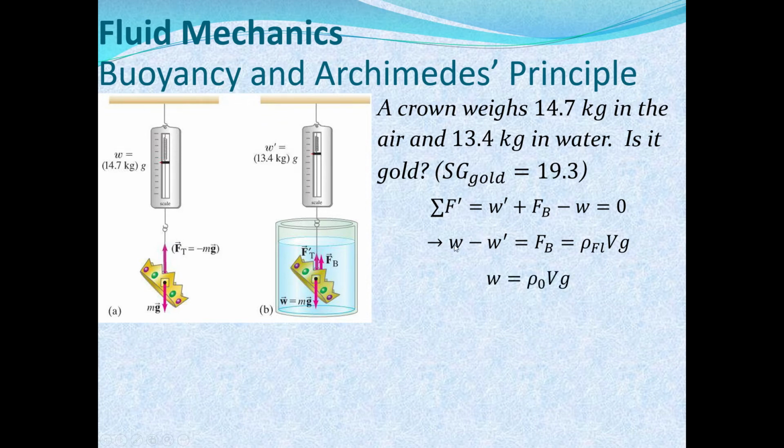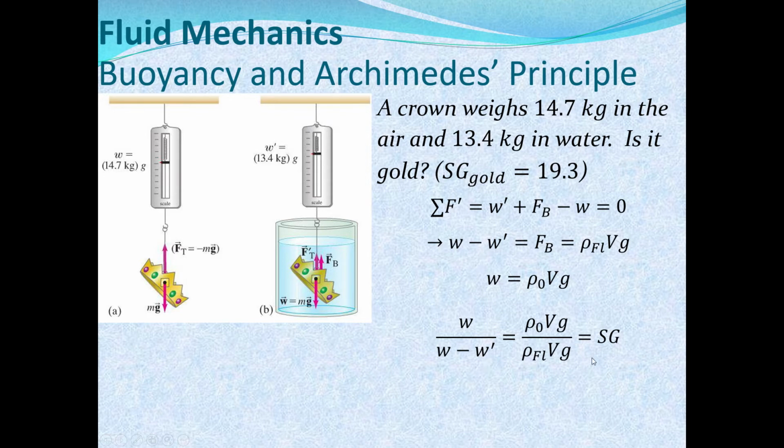Now we know that the crown's weight can also be defined as rho Vg, where rho is the density of the crown. Because specific gravity is the density of the object divided by the density of water, I can take this term and divide it by this term.